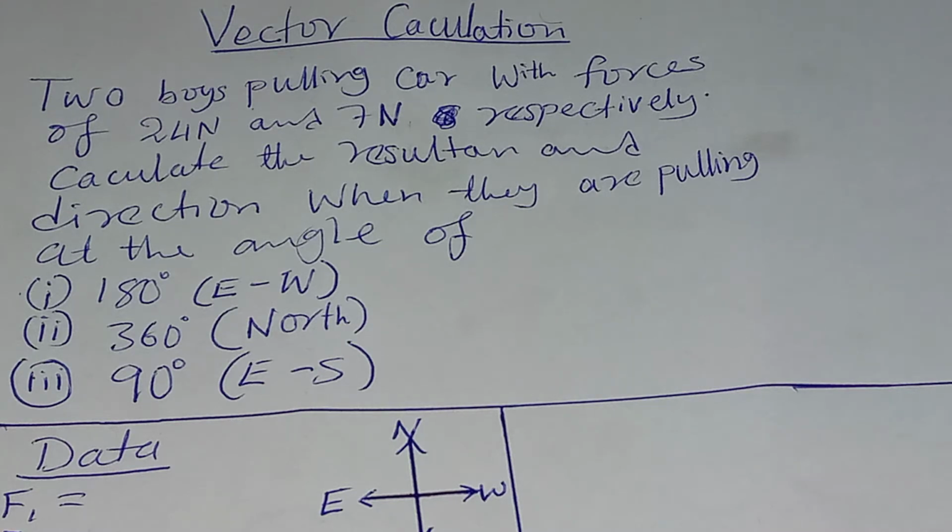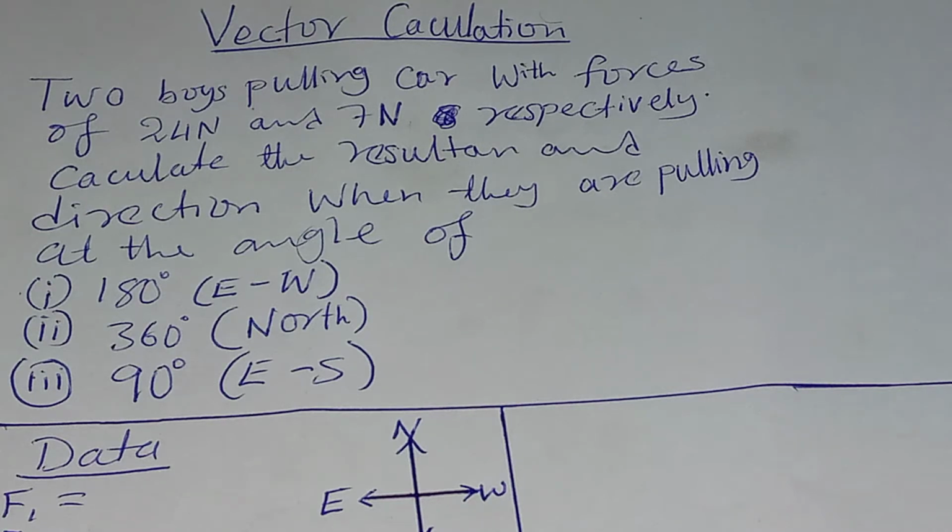Calculate the resultant and direction when they are pulling at the angles of 180 degrees east to west, 360 degrees north, and 90 degrees east to west. We will first deal with 180 degrees east to west because it's the first.